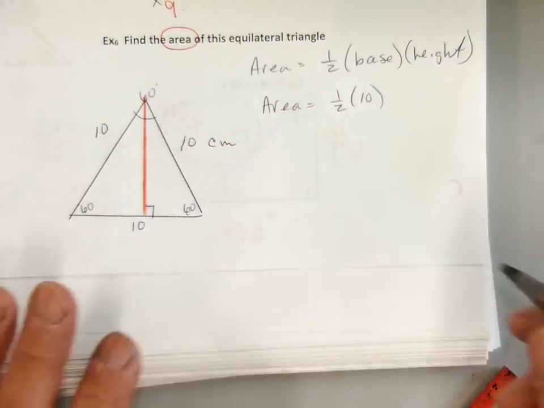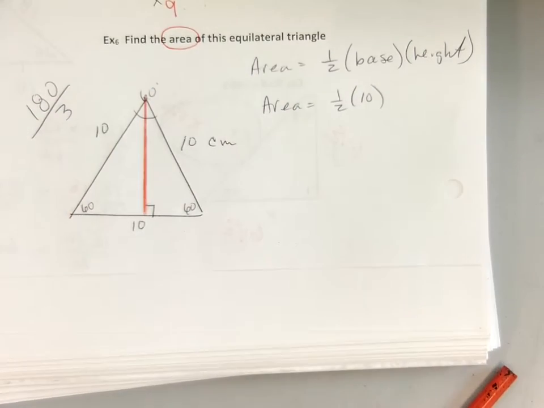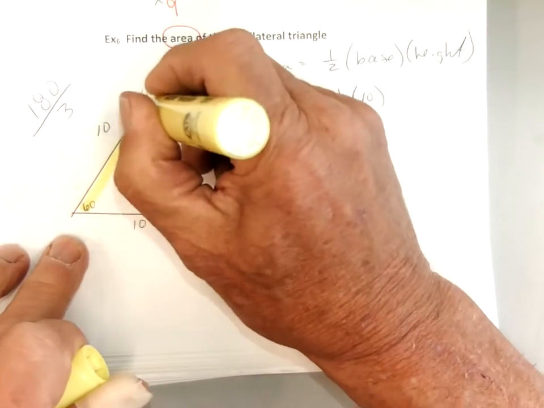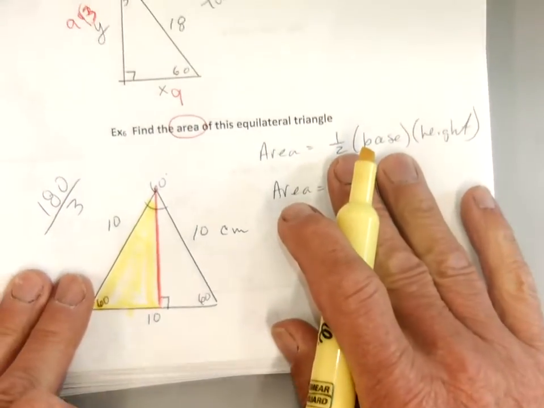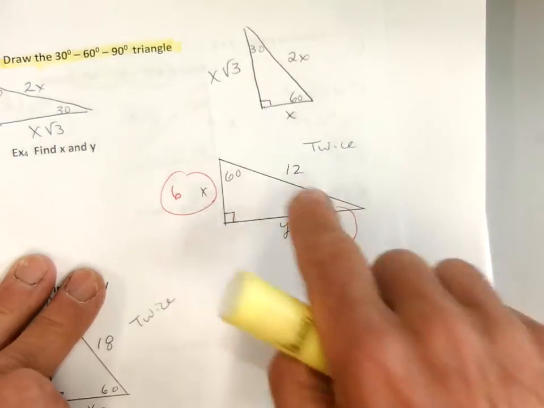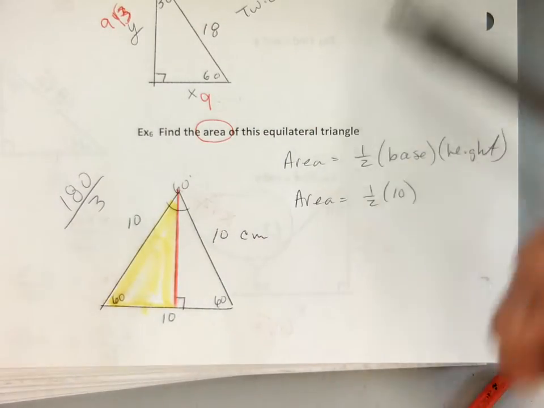Equilateral triangle, you got 180 degrees, divided by 3, 60, 60, 60. How's my reasoning? That makes sense? Okay, now, I still don't know the height, but what I've done is I've cut it in half, and what I have is a special right triangle. Right there, that triangle is the same triangle as that triangle there, okay? So what I have is my special right triangle.